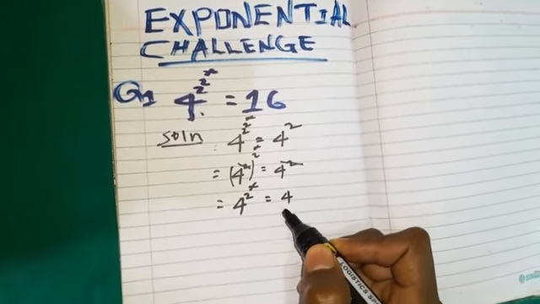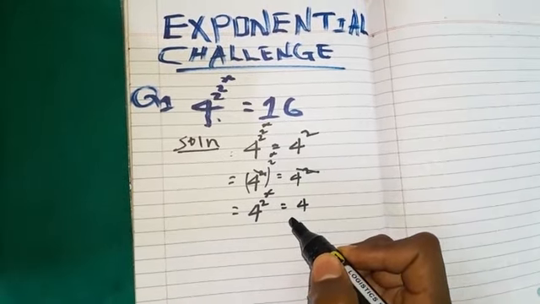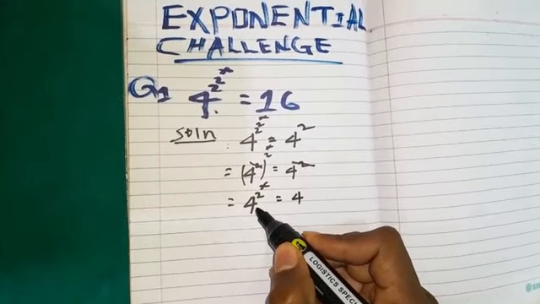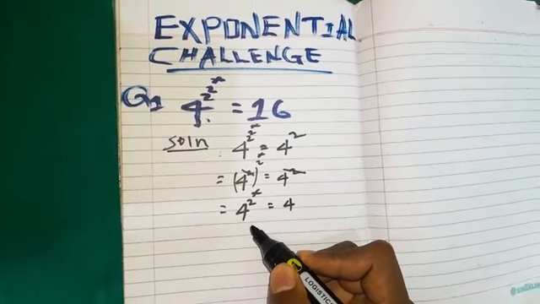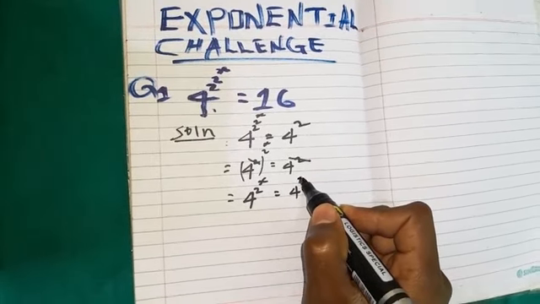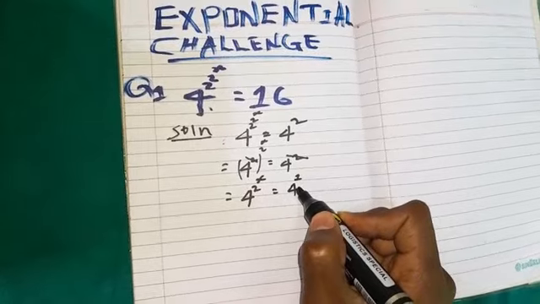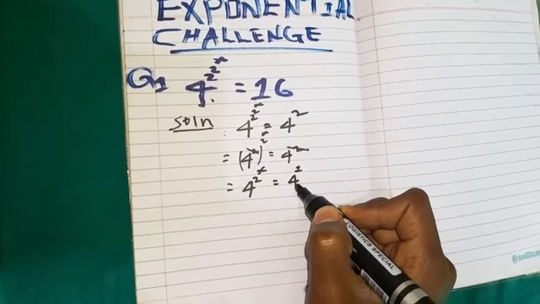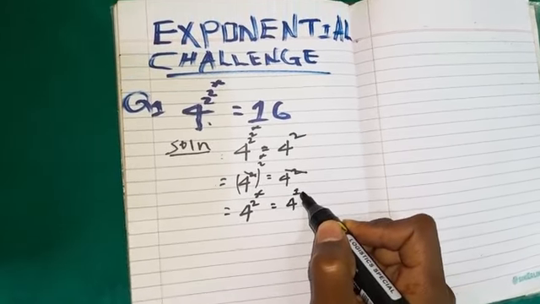Then what are we going to do? Imagine there is a 1 around this, the base 4 to the power of 1, no change.